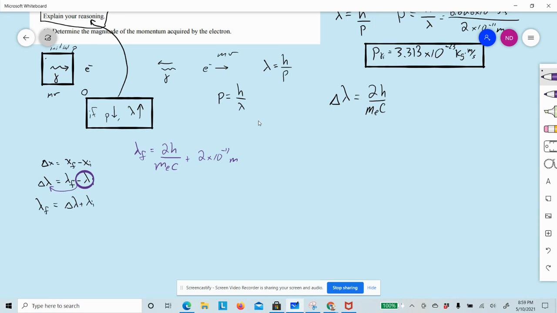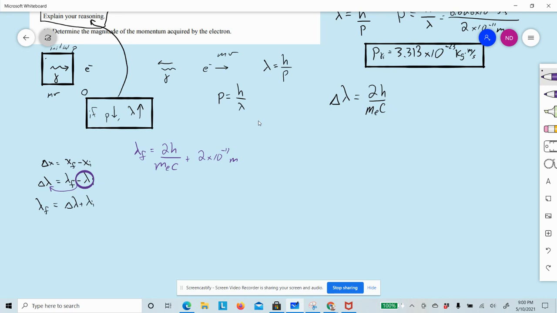That's not right. Should be 2.5. 2 times 6.626 E negative 34 gives you that number. Take that number and divide it by the mass of the electron, 9.11 E negative 31, and also 3 times 10 to the 8th gives you that.